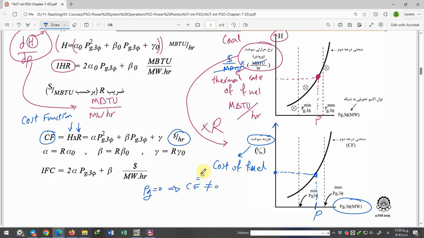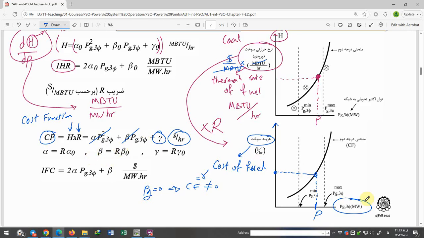The cost function would be gamma. If you let the Pg be 0, this term is eliminated and only gamma remains.